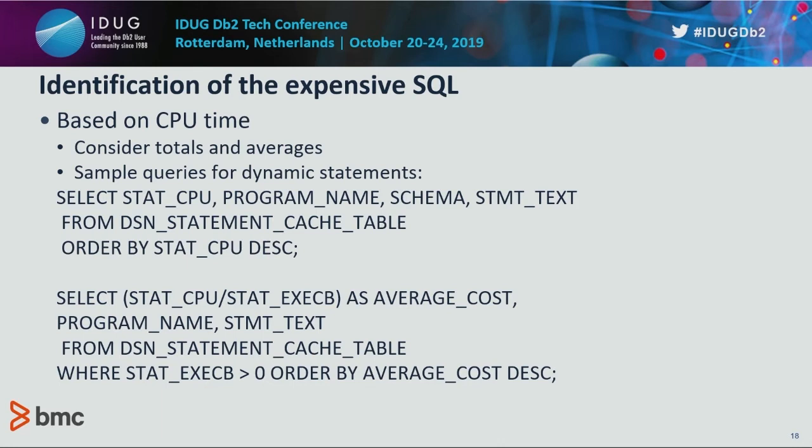On the other hand, you do have the limitation with the explain table that these entries can be of varying age, so it's also useful to do queries based on average. So that second one's an example, just looking at CPU average cost.